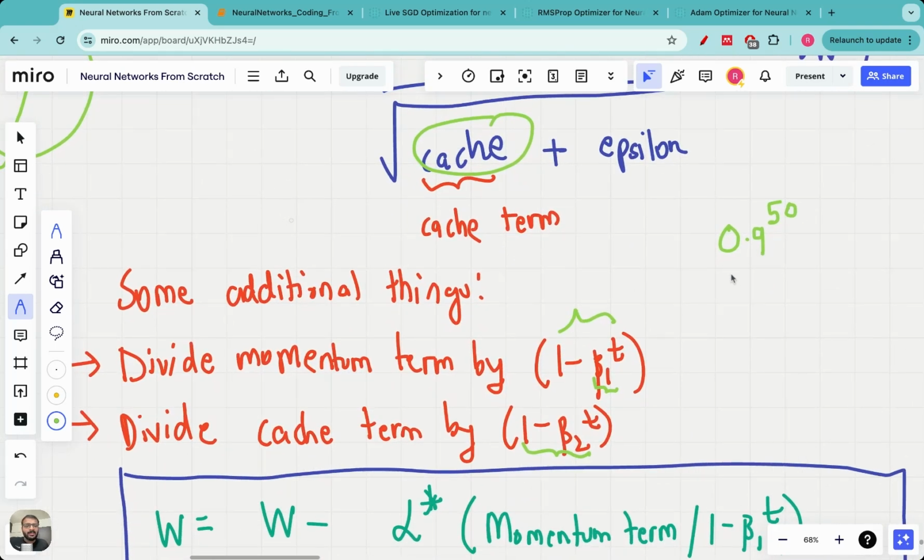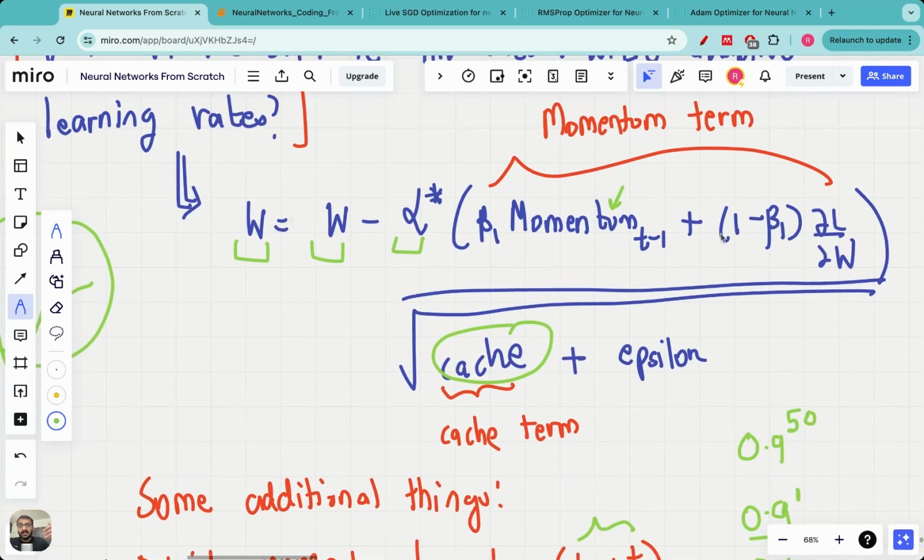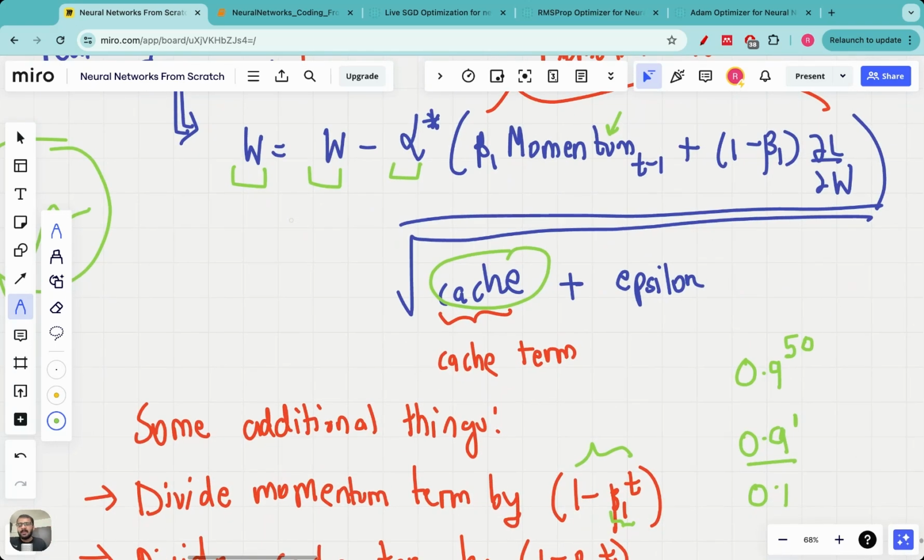But for lower iterations, let's say t is equal to 1, then this correction term will be 1 minus 0.9 raised to 1, which is 1 minus 0.9, which is 0.1. So we will be dividing the momentum term by 0.1, which will increase it by 10 times, which will make sure that the weights are getting updated.